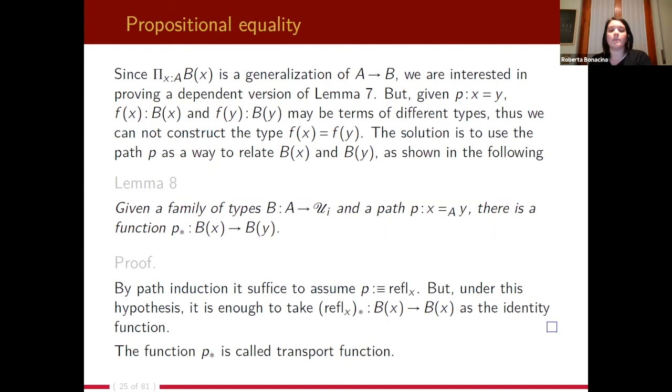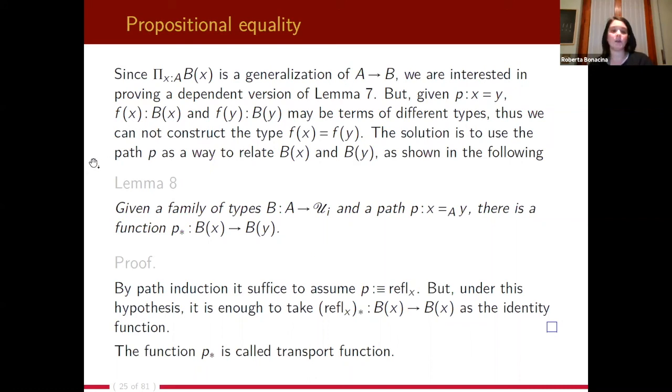And so we cannot construct the equality type as we have done before. So here, what we do is to use the path again as a way to relate B of x and B of y.